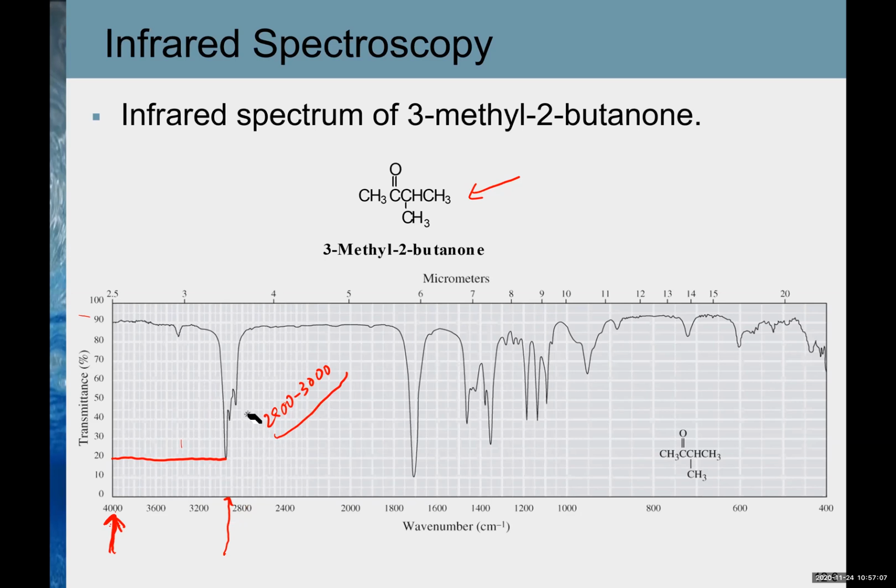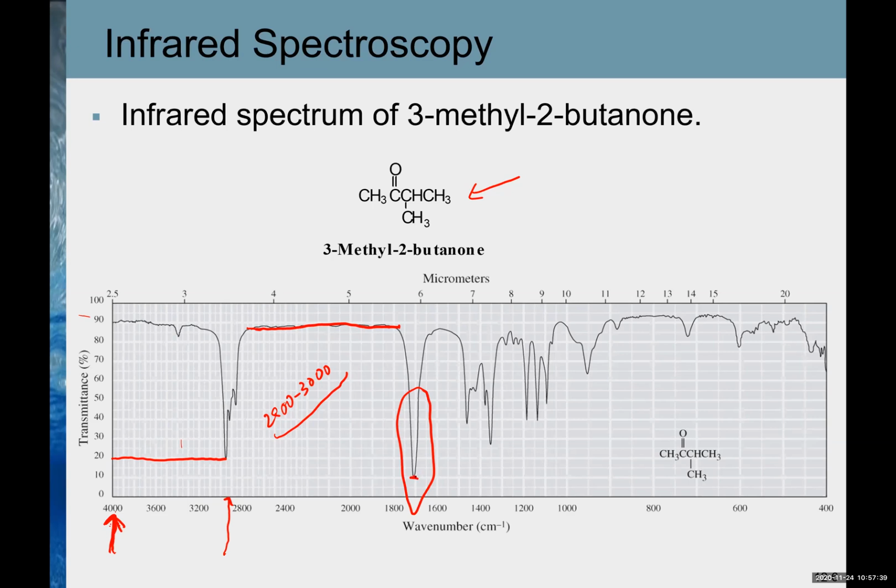Although these are not peaks, surprisingly, we still call them peaks. They look more like valleys now, but we still call them peaks in infrared. Normally we would refer to these as peaks, but even upside down, we still call them peaks. So again, nothing absorbed from 2800 all the way up to maybe 1700. And then we have a sharp peak at 1700.